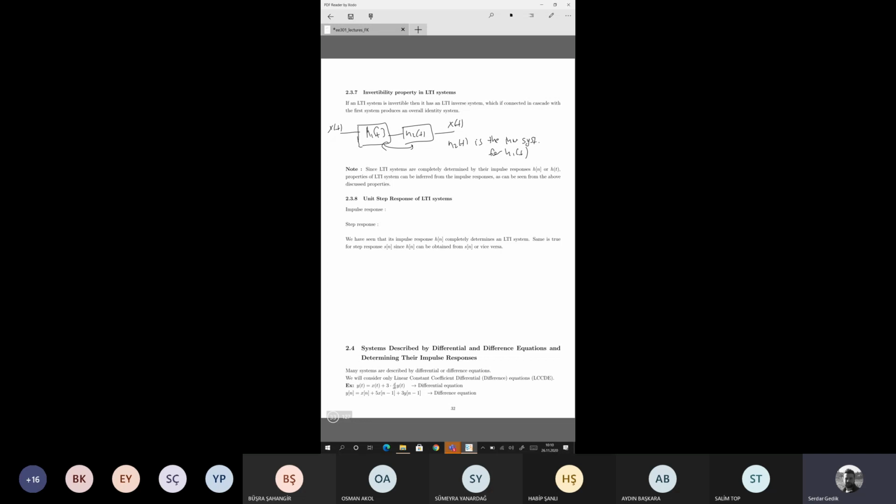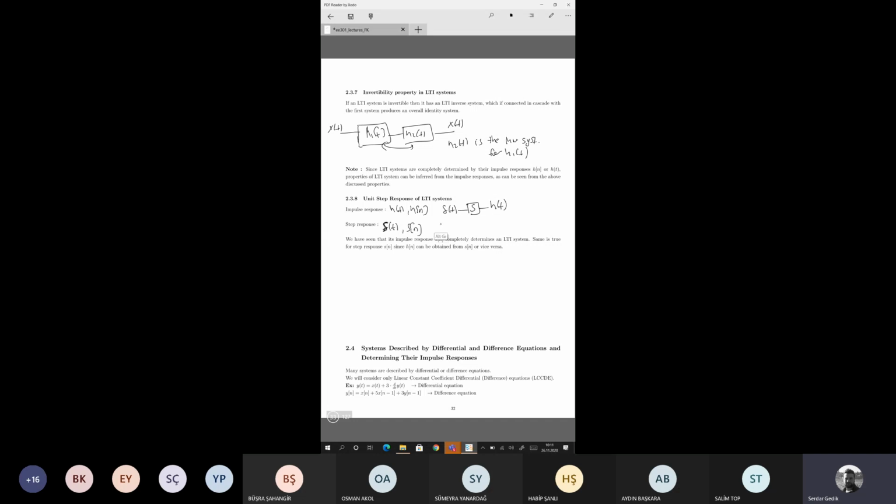Well, what about the unit step response? Let's write, I have h of t and h of n as the impulse response, and the unit step response is defined as s of t or s of n. It means that for the impulse response, I have an impulse at the input, and I have some system, and I have h of t at the output.